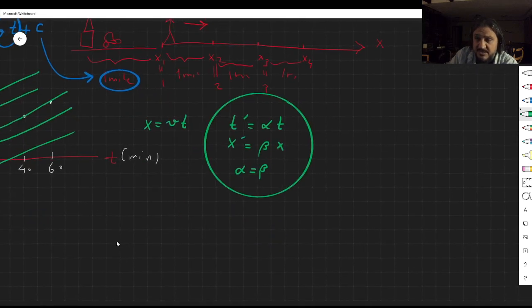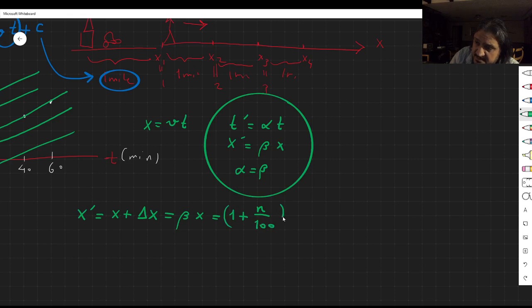Now let's do the same notation again. So x prime equals beta x, right? So x prime here, which corresponds to x plus delta x, is now equal to beta x, where beta is equal to 1 plus n over 100, times x. That's x prime.